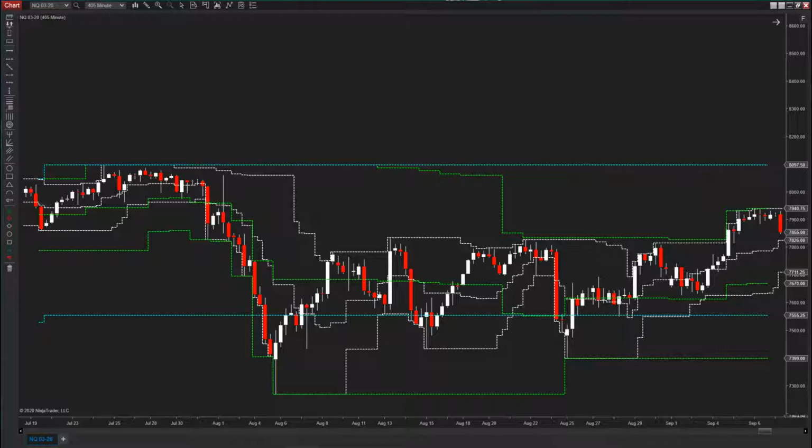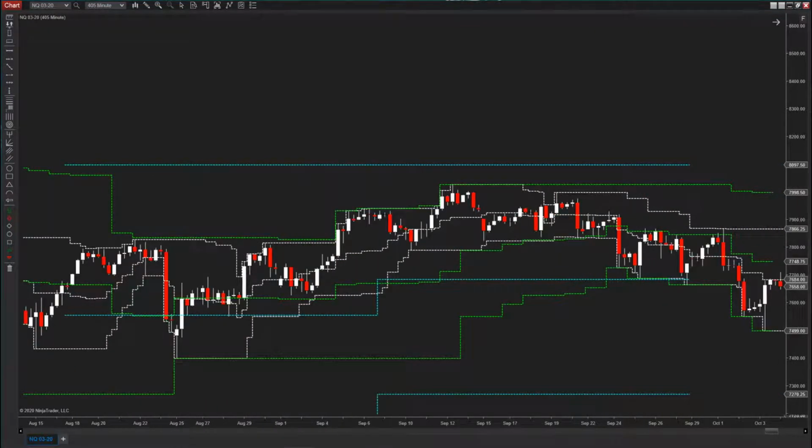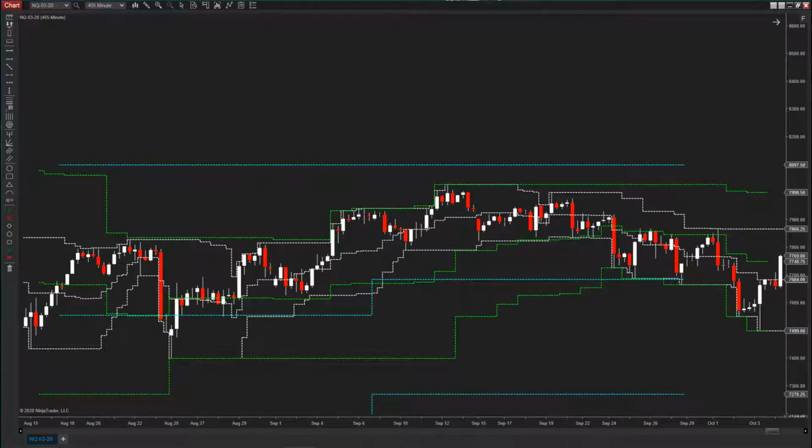He actually did give us some shock and awe, because on September 12th, right here, it started breaking these lower levels again, with these big downward pushes.